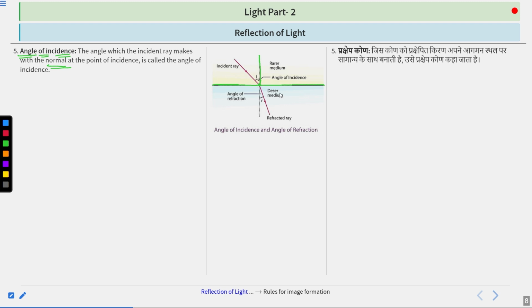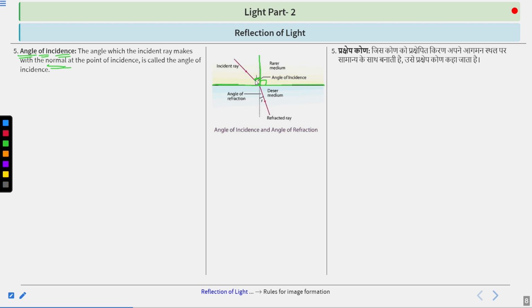So here you can see the normal has a 90-degree angle with reference to the reflecting surface. But the incident ray is coming in this way, so the incident ray is making a particular angle with reference to the normal.